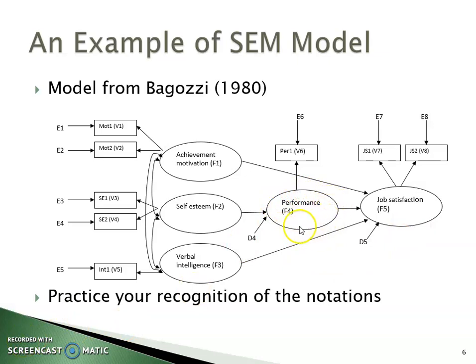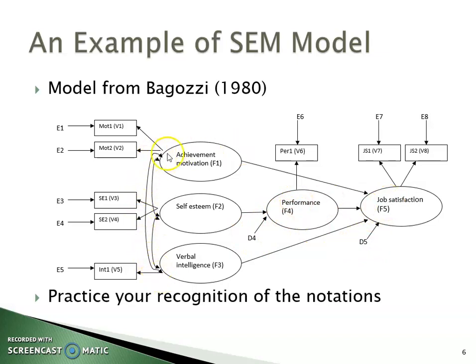Remember that for endogenous factors, we have to specify disturbance, the unexplained variance based on the proposed model. So we have disturbance for factor 4, disturbance for factor 5. Now pay attention to here.